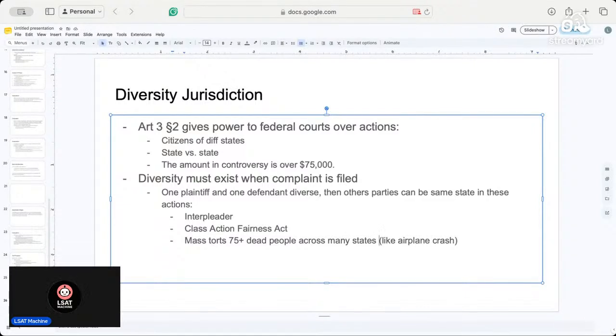Okay, and for a corporation, you have to consider every single place the corporation has citizenship.